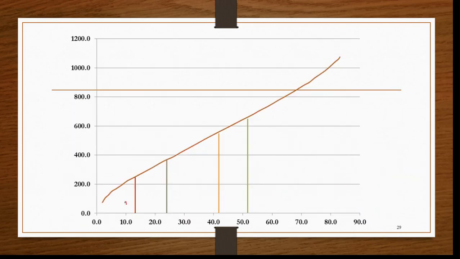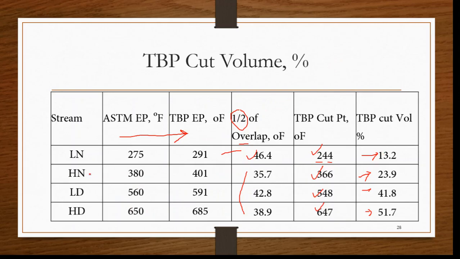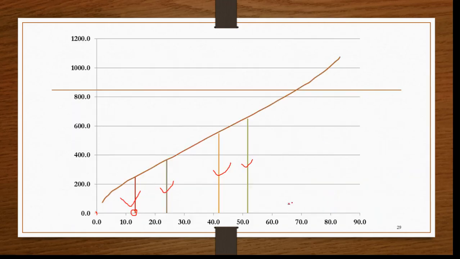and we want to represent these things in the graph. This can be a TBP curve, and we can represent the first cut, second cut, third cut and fourth cut. From 0 to 13.2%, this is the light naphtha, from 13.2 to 23.9, this is the heavy naphtha, the next one is the light distillate, and the next one is the heavy distillate.